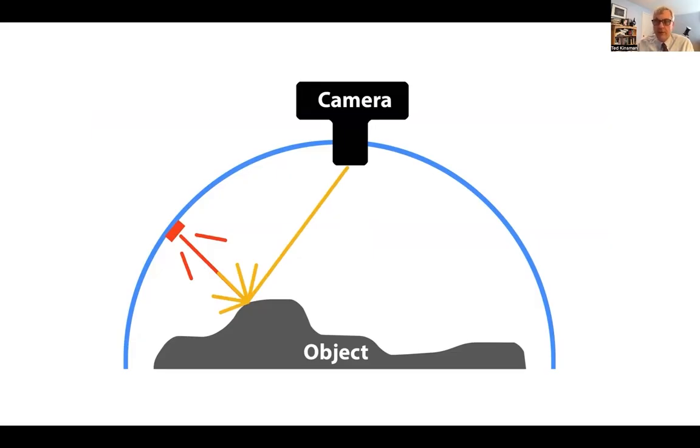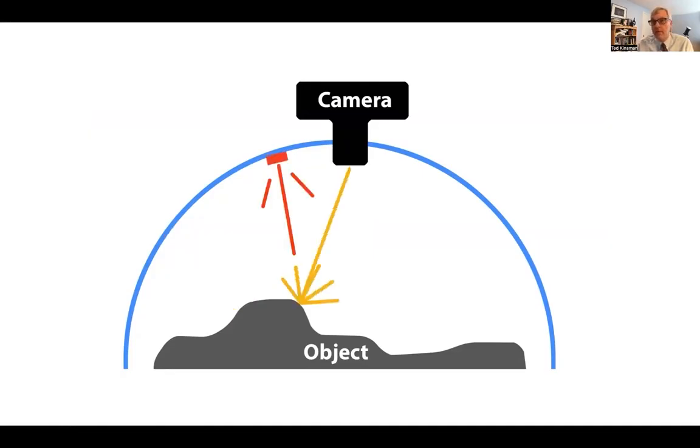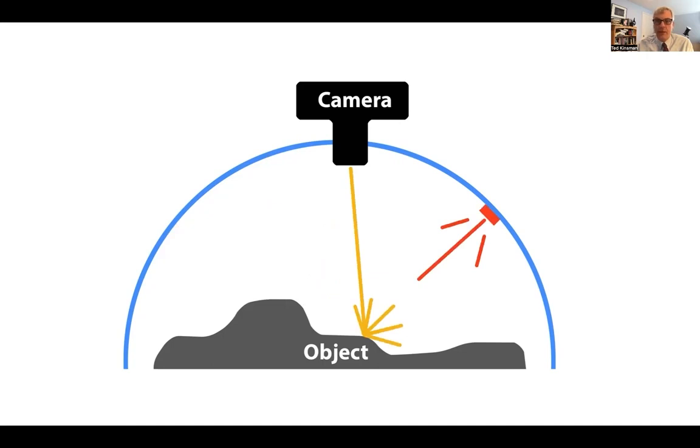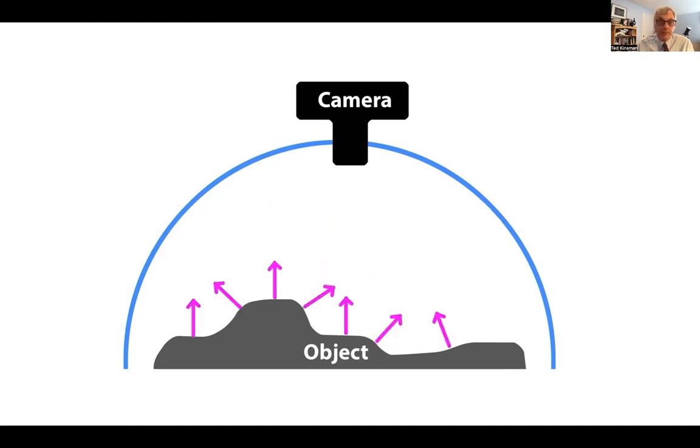Once you know the normal vectors for the surface, then you can mathematically enhance the object. And of course, it does this for not only one light, but 40 lights. And so here would be a second lighting position, a third lighting position, and a fourth lighting position as a demonstration. Of course, it has 40 of these as it goes through the program.